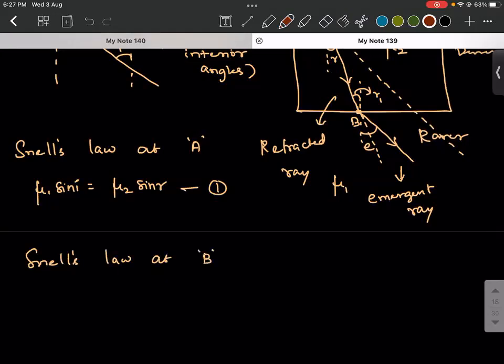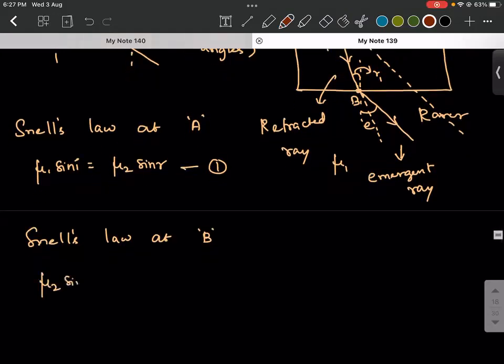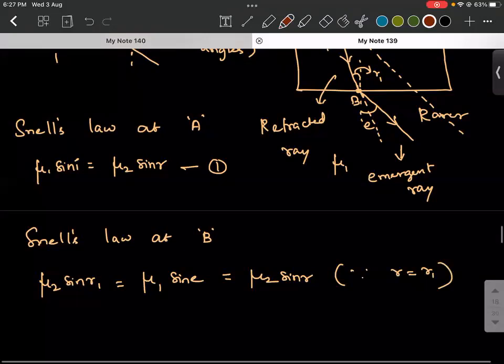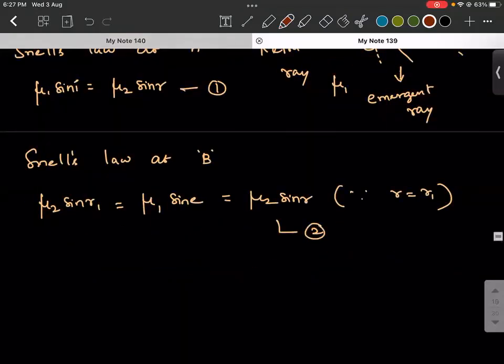So Snell's law at point B will give you mu2 sin R1 is equal to mu1 sin E. But this I can write as mu2 sin R also. Why is it so? Since R is equal to R1. So when I write it in this way, this will be equation 2. So from 1 and 2, what I can conclude is mu1 sin I is equal to mu2 sin R is equal to mu1 sin E.